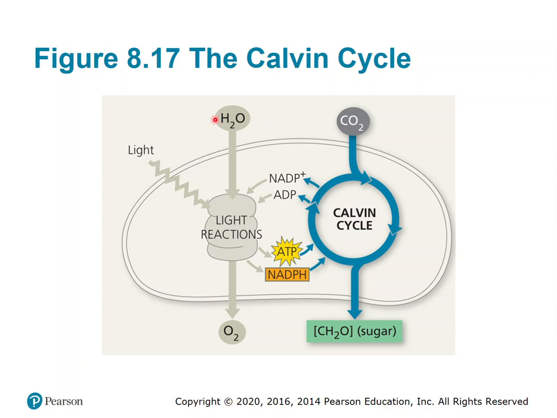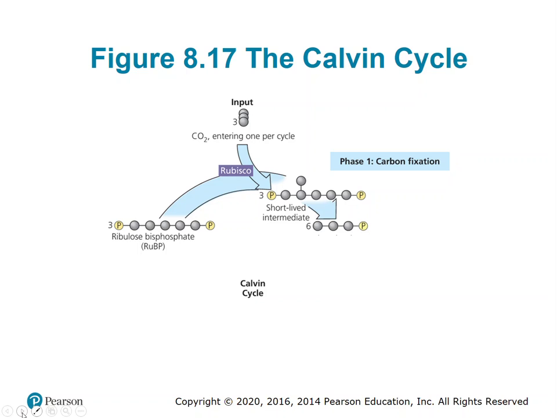Okay, so we have seen what happens with our light reactions. The products of the light reactions are oxygen, ATP, and NADPH. The ATP and NADPH move into the Calvin cycle along with carbon dioxide to run the Calvin cycle and make a carbohydrate in the form of sugar. The Calvin cycle is broken into 3 different phases.